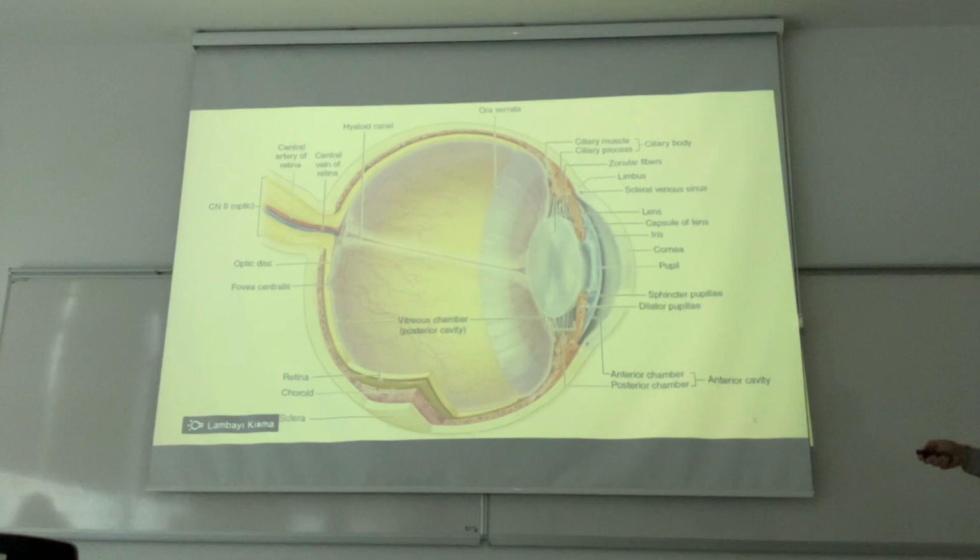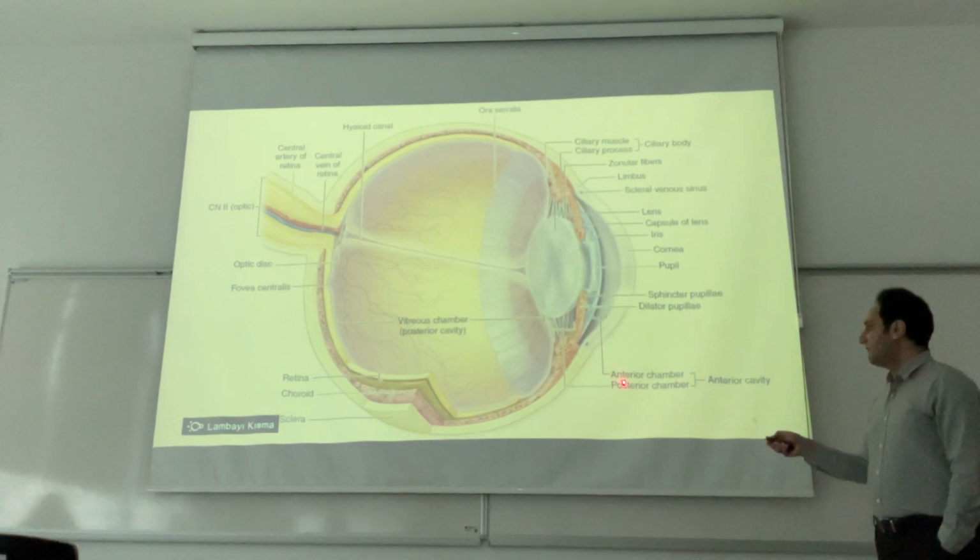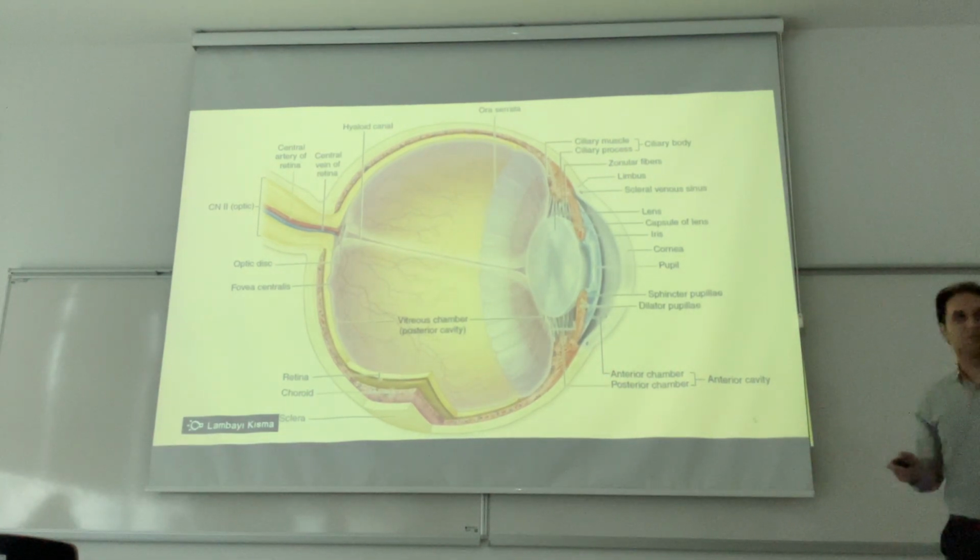The anterior cavity itself is divided into two distinct chambers by the iris. On the posterior side of the iris, we have this chamber, the posterior chamber of the anterior cavity, and on the anterior side of the iris and posterior side of the cornea, we have this chamber. This chamber is our anterior chamber of the anterior cavity. Don't confuse here: we have two cavities, and the anterior cavity has an anterior and a posterior chamber.